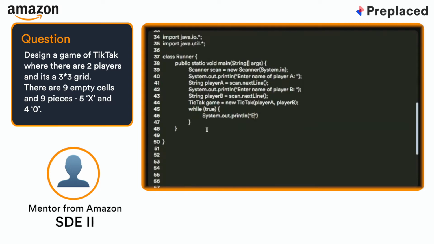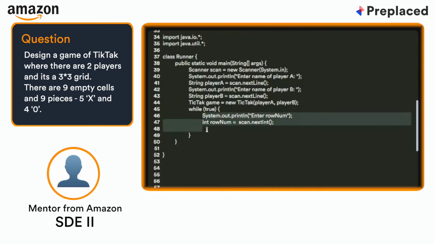Enter row number, and I'll say int rowNum equals scan.nextInt().